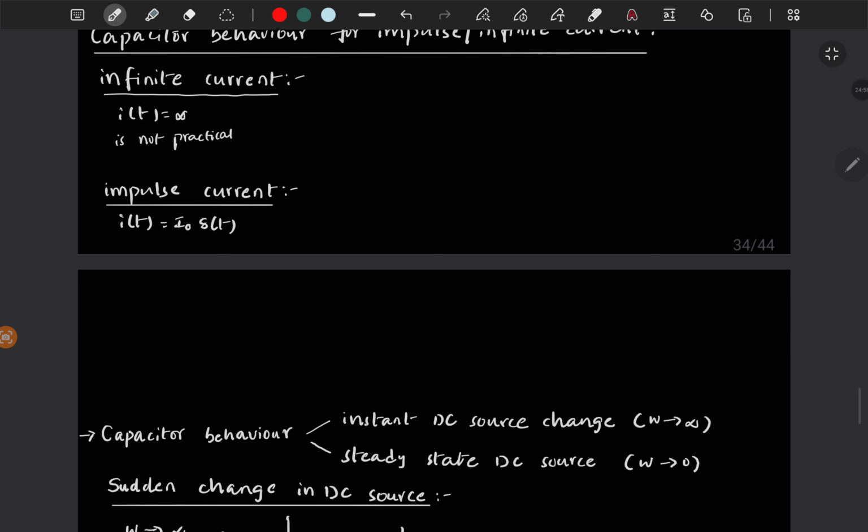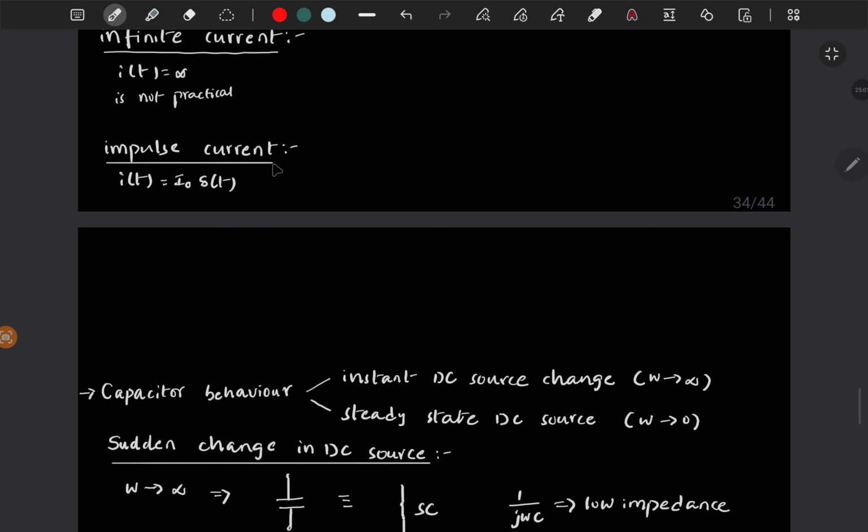And what is this impulse current? This is practical, which means we are pumping a finite amount of current within a very short duration, and that finite amount implies very high magnitude. Infinite means that at t equal to 0 you are giving infinite current, but that does not exist practically.